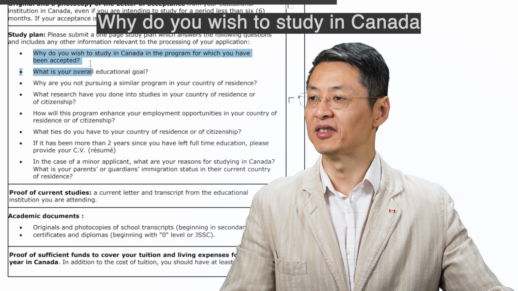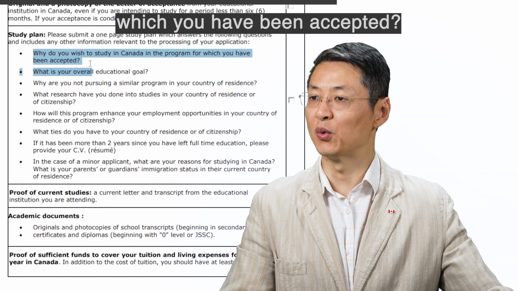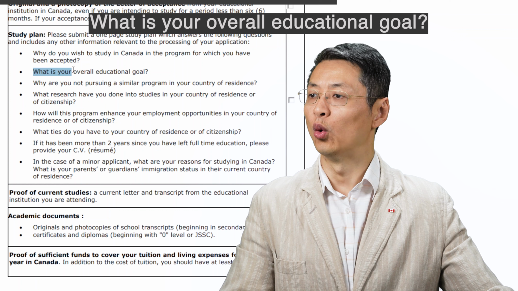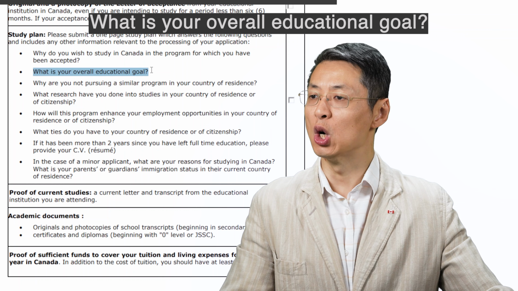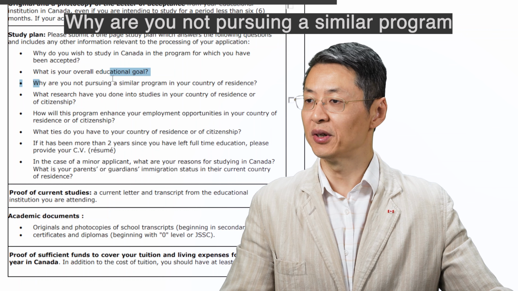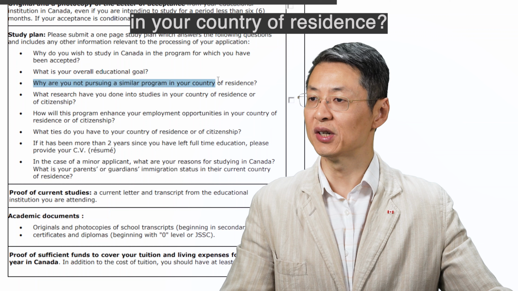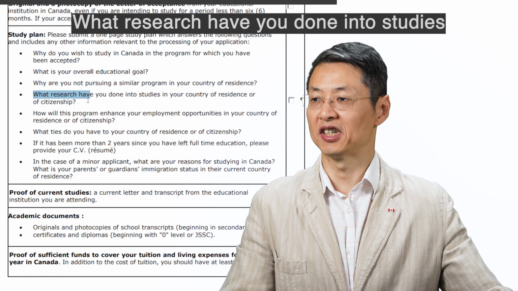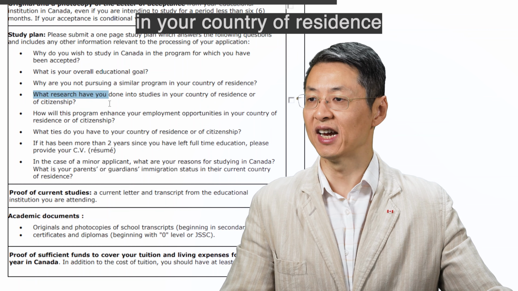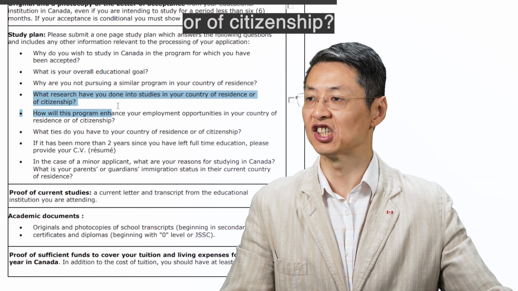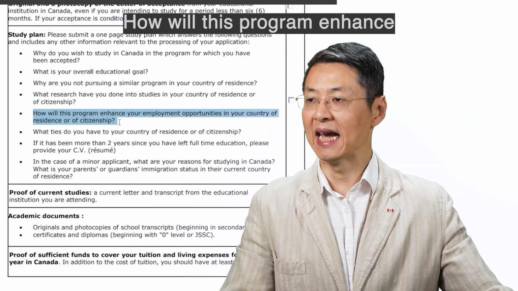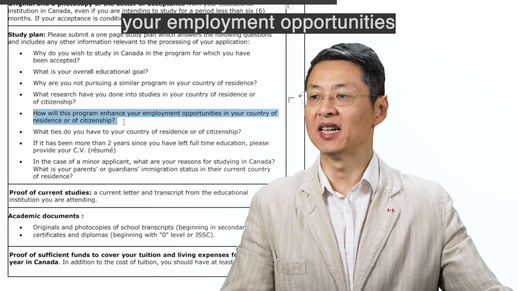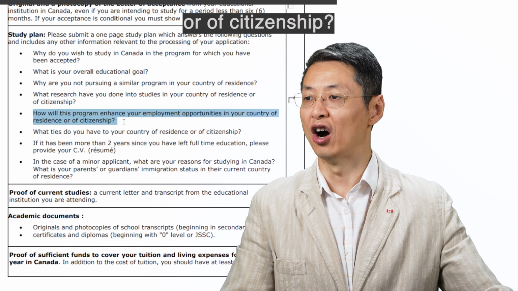Why do you wish to study in Canada in the program for which you have been accepted? What is your overall educational goal? Why are you not pursuing a similar program in your country of residence? What research have you done into studies in your country of residence or of citizenship? How will this program enhance your employment opportunities in your country of residence or of citizenship?